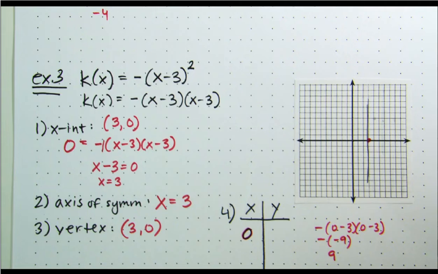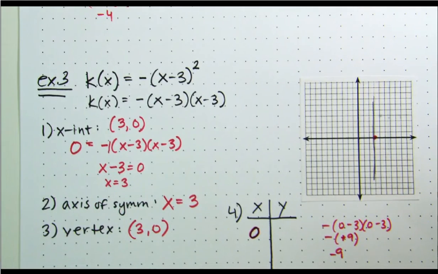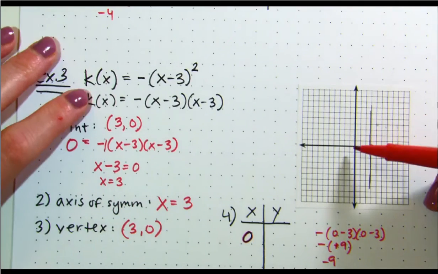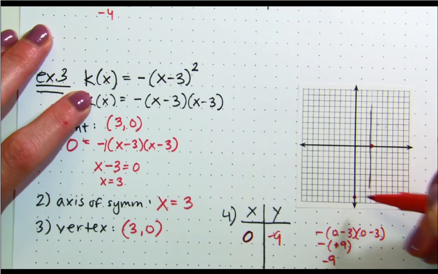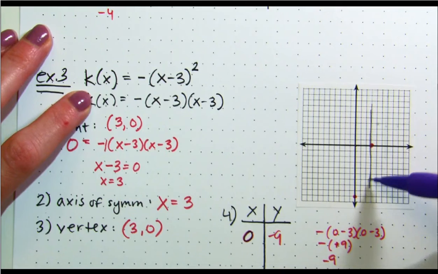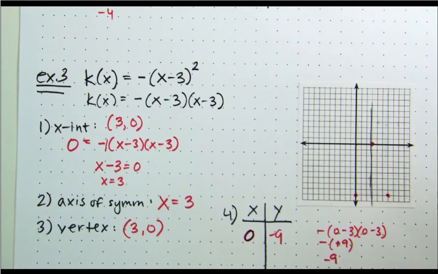Oh, no, we don't. Sorry. We get negative 9. So when x is 0, y is negative 9. Now, because this is my axis of symmetry, then I know I have another point right over here.